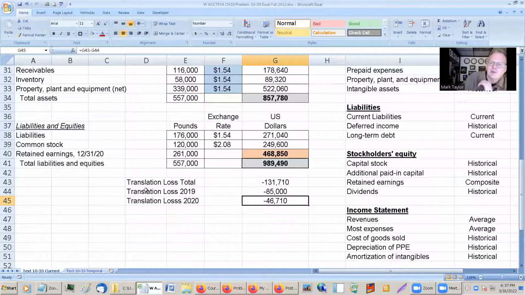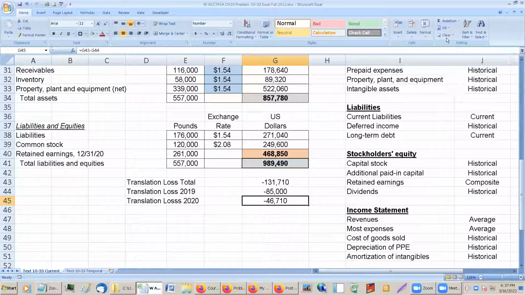Here's the weird thing about it: the translation loss from 2019 is still sitting on the books. Unlike regular income, usually for your income statement, everything gets wiped out when you start a new year. You have your revenues and expenses for 2019, going to 2020 they set those all back to zero. You start out 0, 0, 0 for everything. Well, for comprehensive income, gains and losses sit in the equity section.